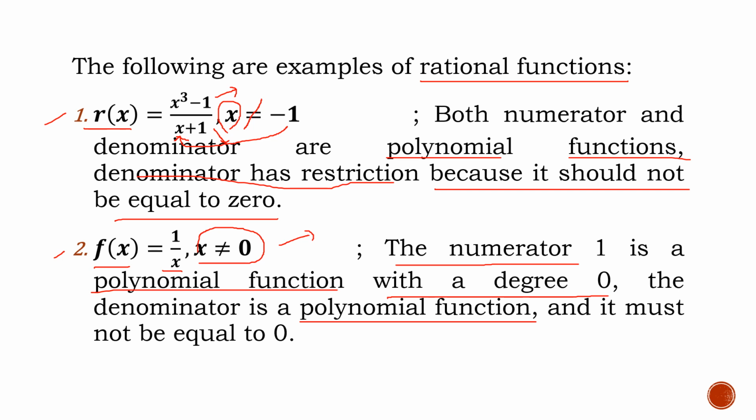Check if your numerator and denominator are both polynomial functions. Then check if the value of x that you're going to put in can give you a denominator value of 0. If so, you need to look for another value of x that can provide you a denominator value which is not equal to 0.